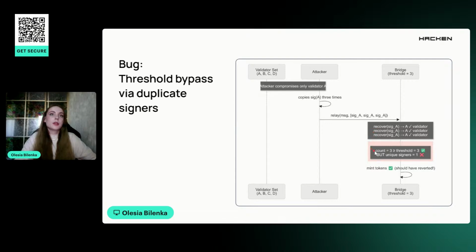The count was incremented. It was 3. The threshold was 3, so it was reached. But the unique signer count was 1. The threshold was supposed to require consensus from 3 independent validators. Instead, only one validator could drain the bridge.